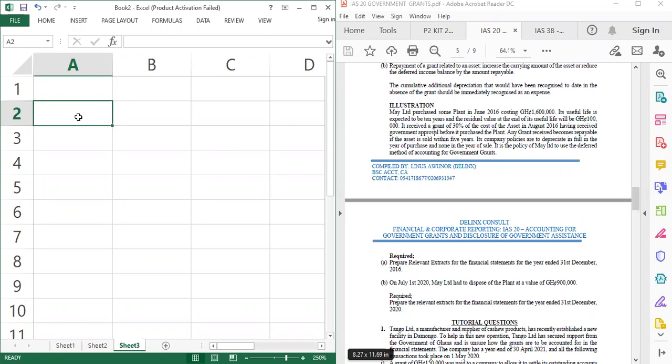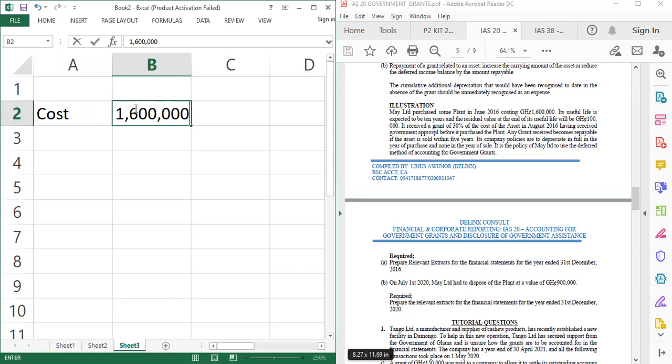So what is the condition attached to the grants? If the asset is sold within 5 years, you pay the grant back in full.